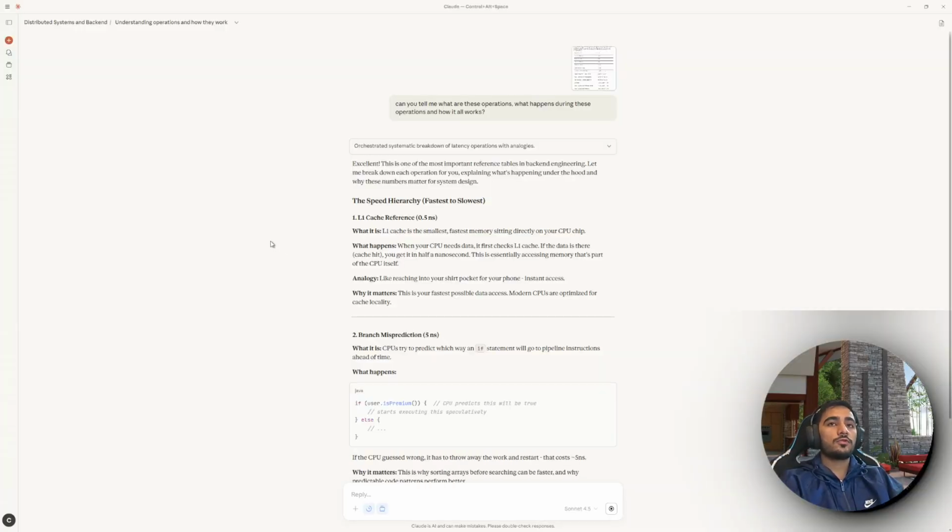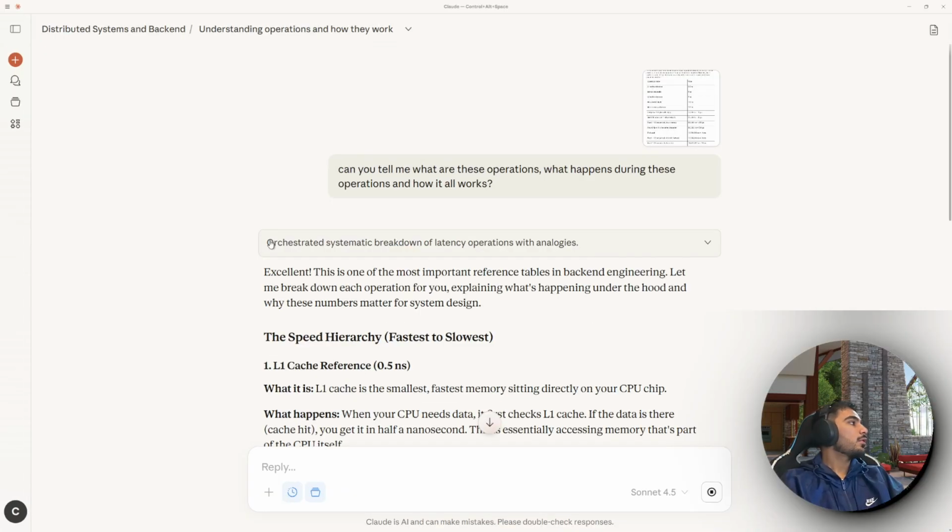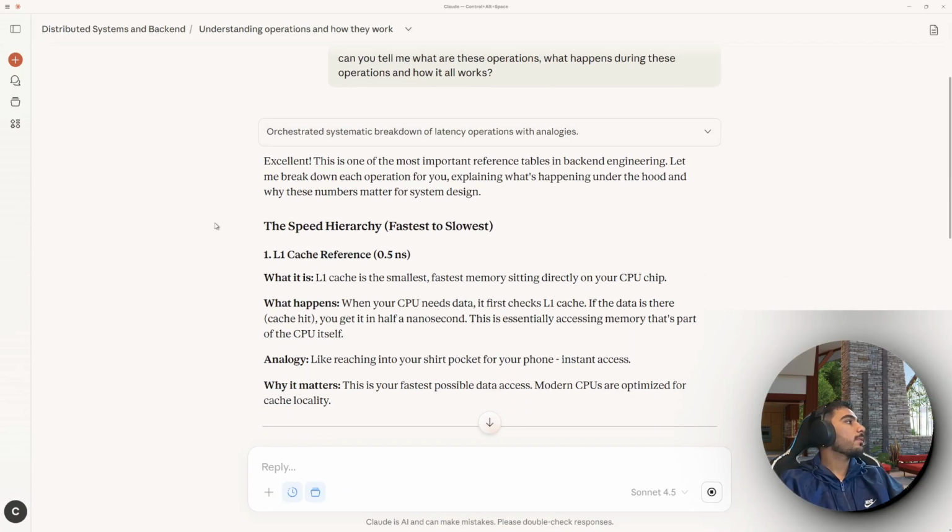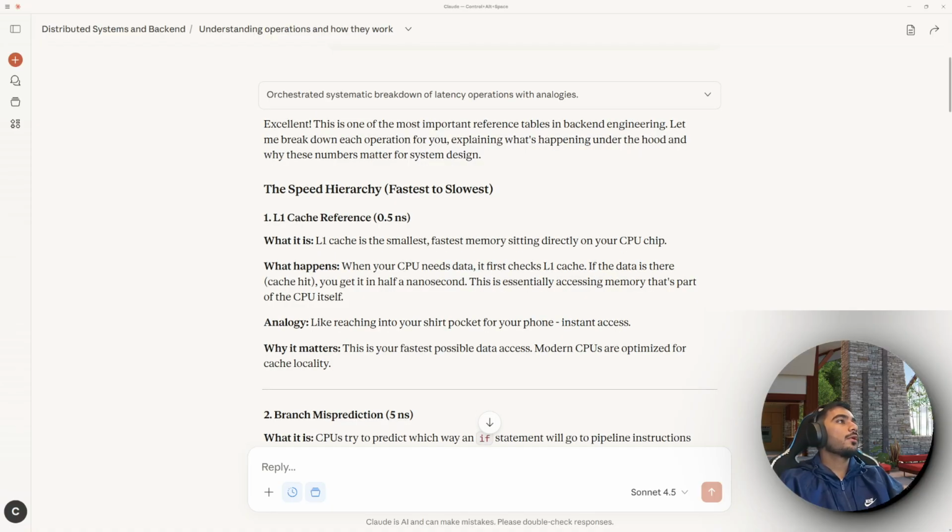Okay, so let's see how this is shaping up. So, L1 cache reference. Here we have loaded up all the latency numbers, and I have asked it to give me a more detailed breakdown on what it is and how it works.